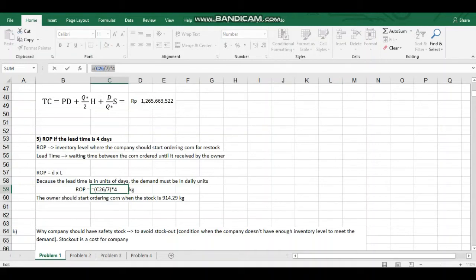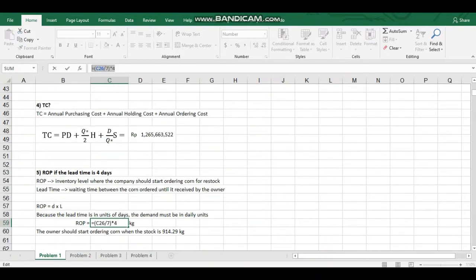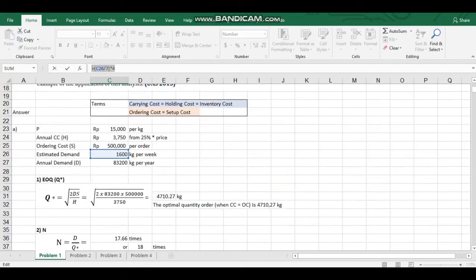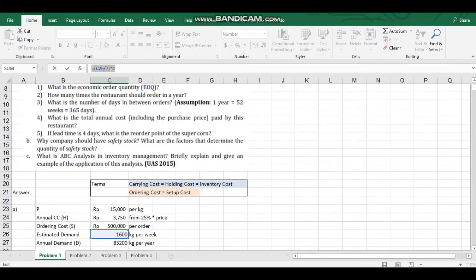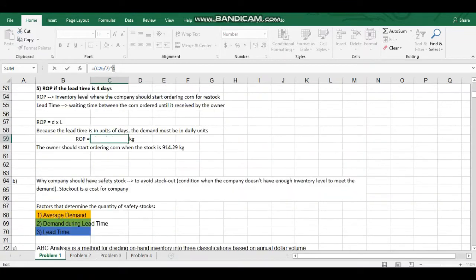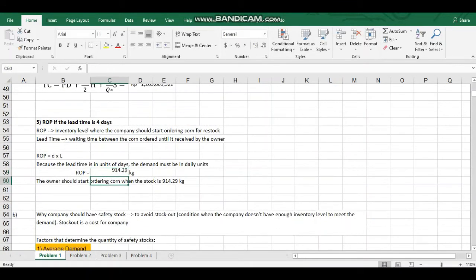Just like I said, we have to divide 1600 units by 7 days, and then multiply it by 4, which is the lead time, 4 days. And the total reordering point is 940 kilograms. So when the inventory reaches this number, we have to place an order to the supplier.